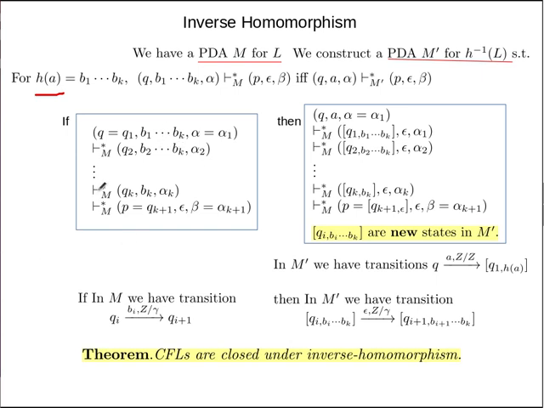So I'm saying if somewhere here you have this alpha I equal to say Z alpha I prime, then the alpha I plus 1 that you are getting in M is just gamma alpha I prime, right?